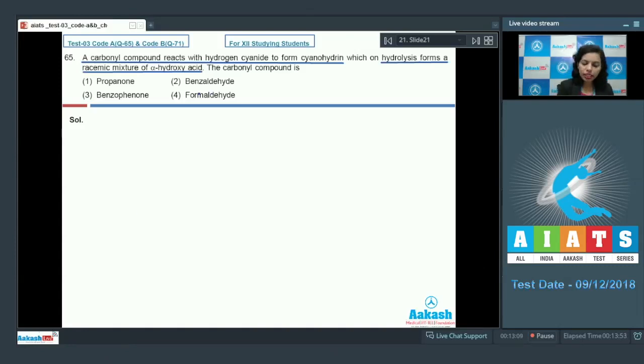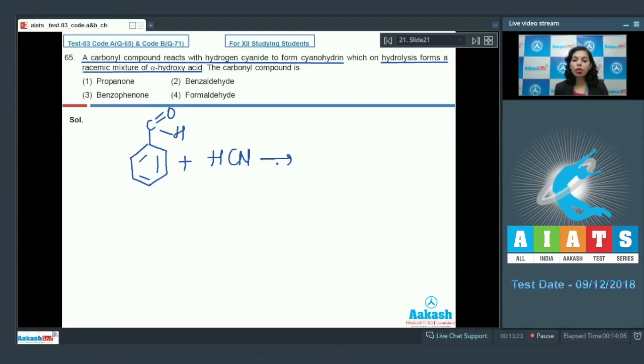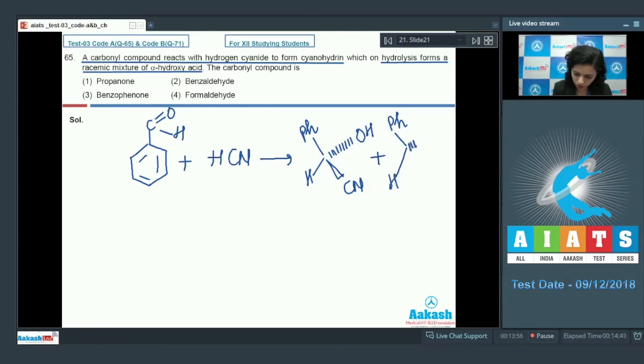And if you consider this benzaldehyde, when it reacts with HCN, it forms the racemic mixture of cyanohydrin. Actually, it is forming this, and another one is this.